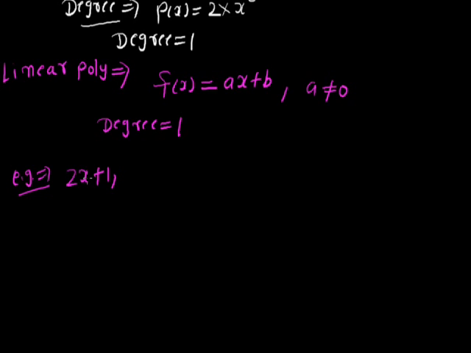So it is our linear polynomial. For any expression, we have to check whether it is a linear polynomial or not. We have to check that the highest power of x should be equal to 1, and the coefficient of that power should not be equal to 0. Then only we can conclude that it is our linear polynomial. So both the conditions are a must.